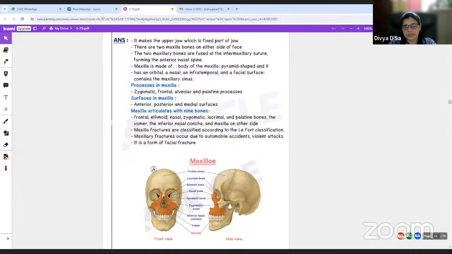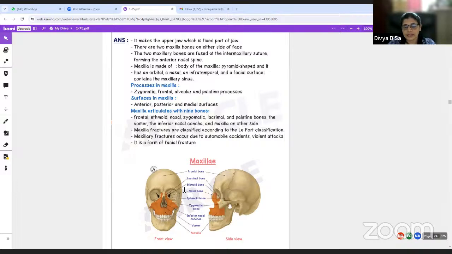Another one will be the nasal surface, towards the nasal cavity. Processes: we see the zygomatic process, the frontal process here. This is the alveolar process and the palatine process, which form the hard palate. So the surfaces in the maxilla include the anterior surface here, the posterior, and towards the nasal cavity side, we have the medial surface.